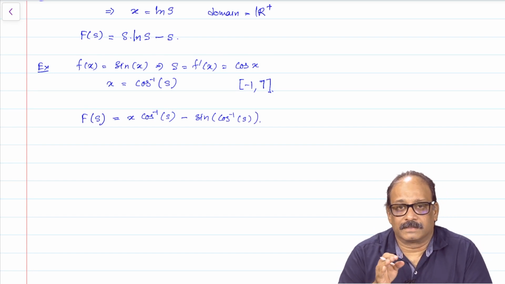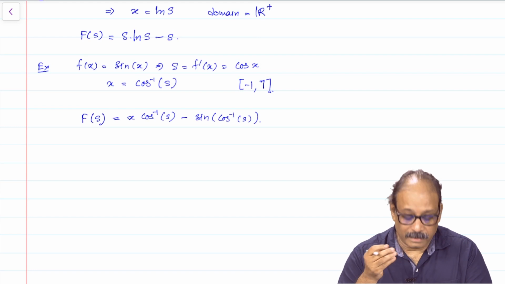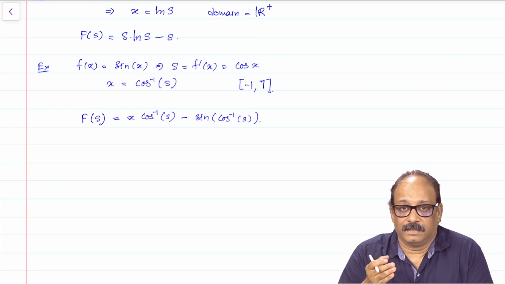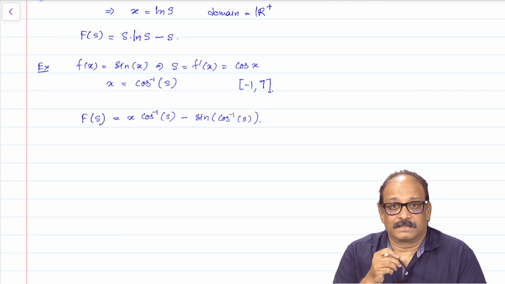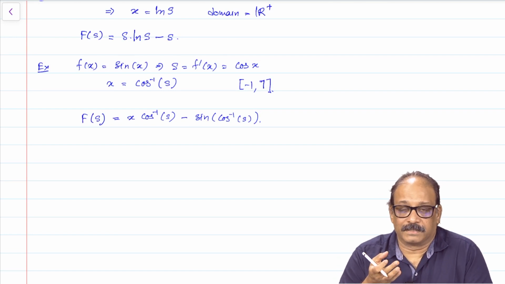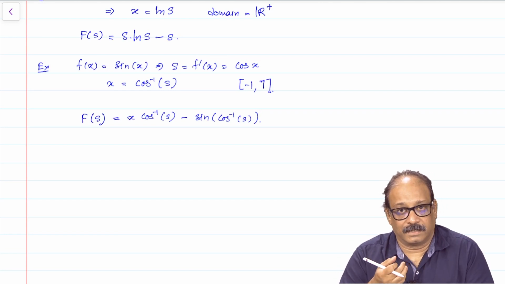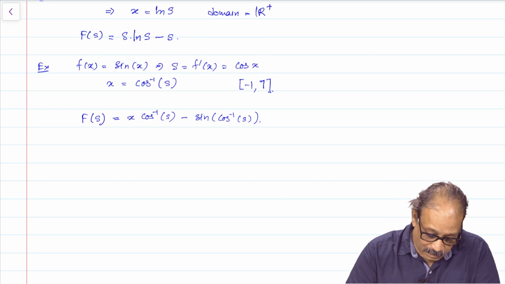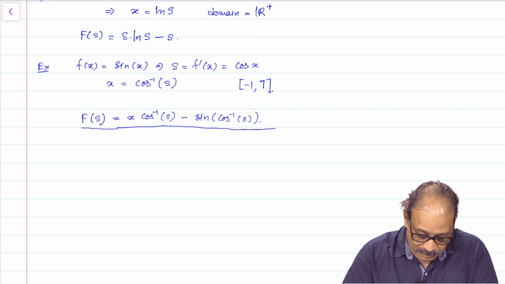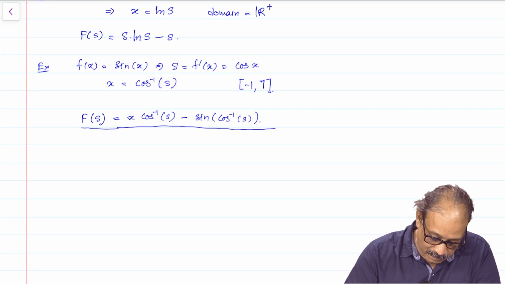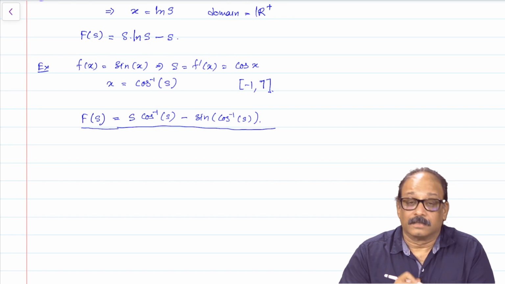Remember, this is the common mistake that students always make, which is they leave the Legendre transform in terms of the variable x rather than the variable s. Or sometimes a mixed expression which contains both s and x, but that is not correct. Remember, you must always write the Legendre transform, sorry, I made a mistake here, this is s.